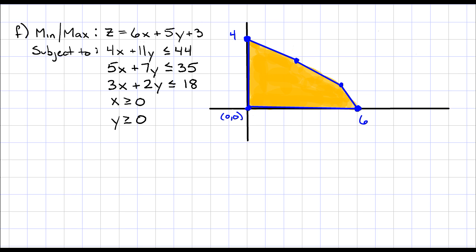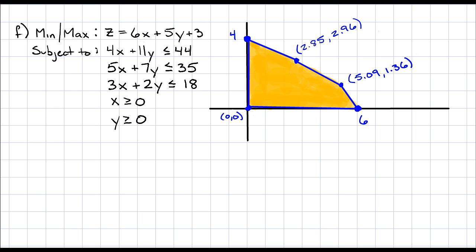This point 6, 0, or just x equals 6. And then I have these 2 points further out. This one is at the intersection of line 1 and 3. And using the intersect function in the calculator gives me 2.85, 2.96. And down here I get 5.09, 1.36.